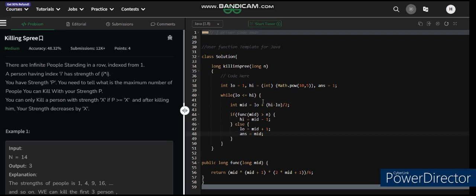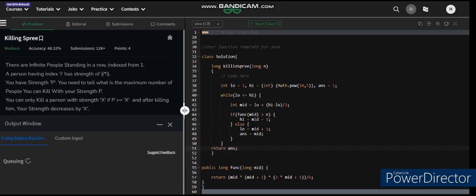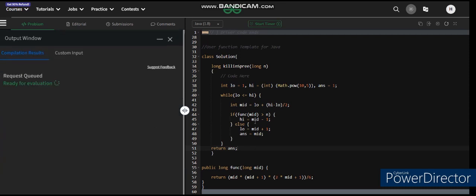When we come out of the while loop, we will print the answer variable, right? So this should run. If function mid is greater than n, high is mid minus 1. All right. So we are taking answer is equal to mid here.